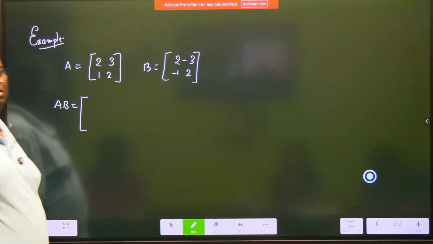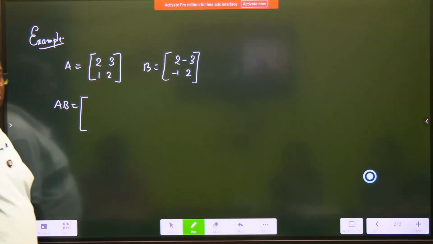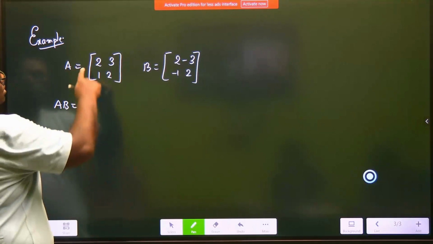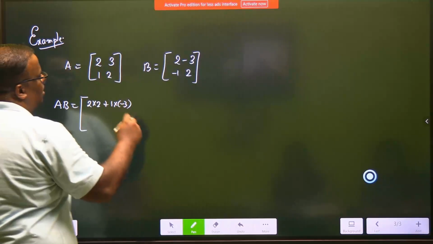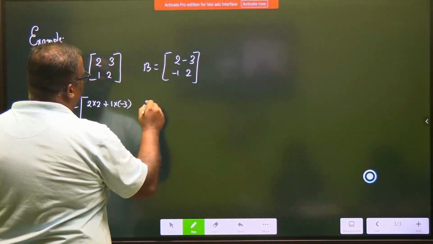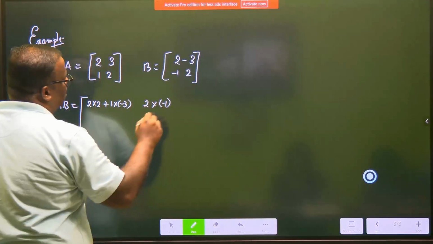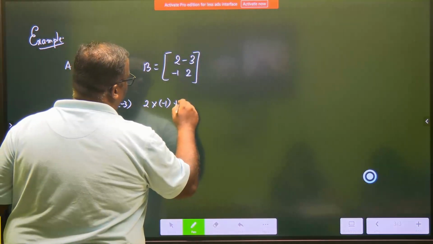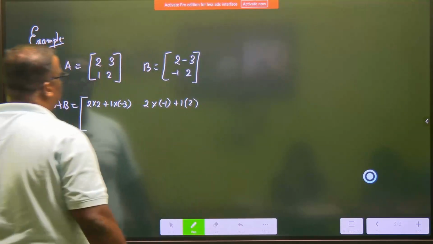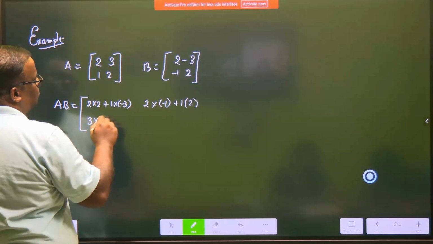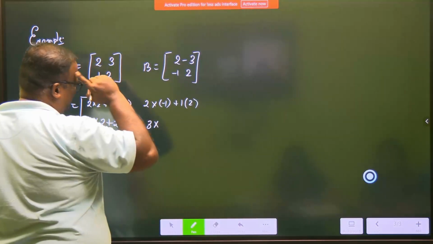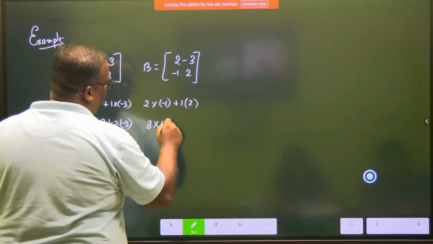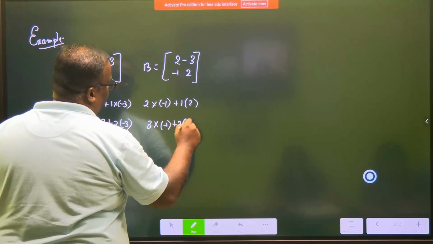You will multiply the rows with the columns. 2 multiplies with 2 and 1 multiplies with negative 3. Similarly, 2 multiplies with negative 1 and 1 multiplies with 2. Similarly, 3 multiplies with 2 and 2 multiplies with negative 3, and here 3 multiplies with negative 1 and 2 multiplies with 2.